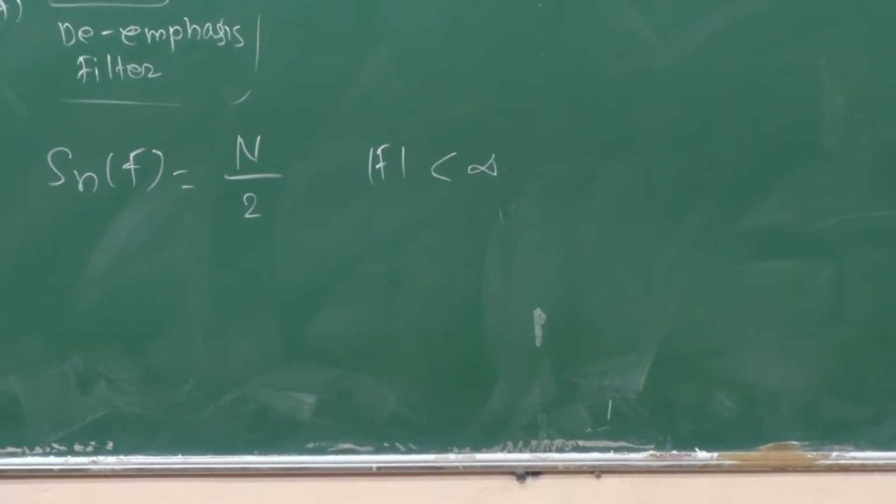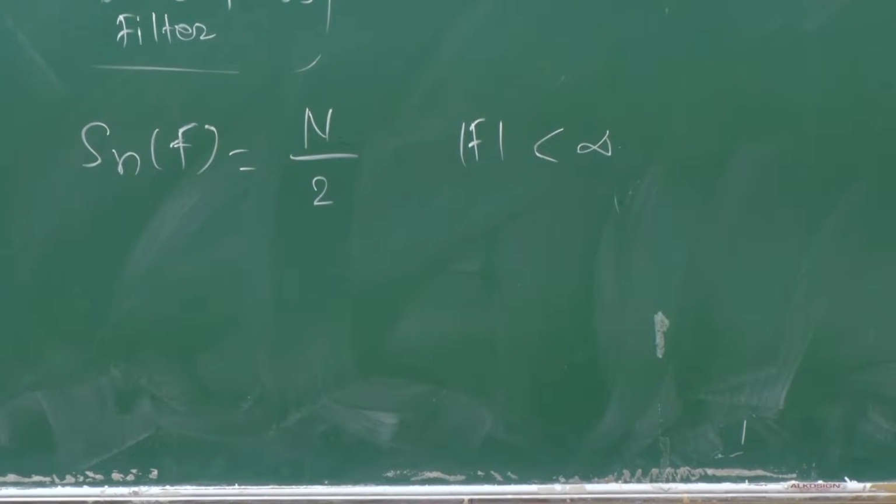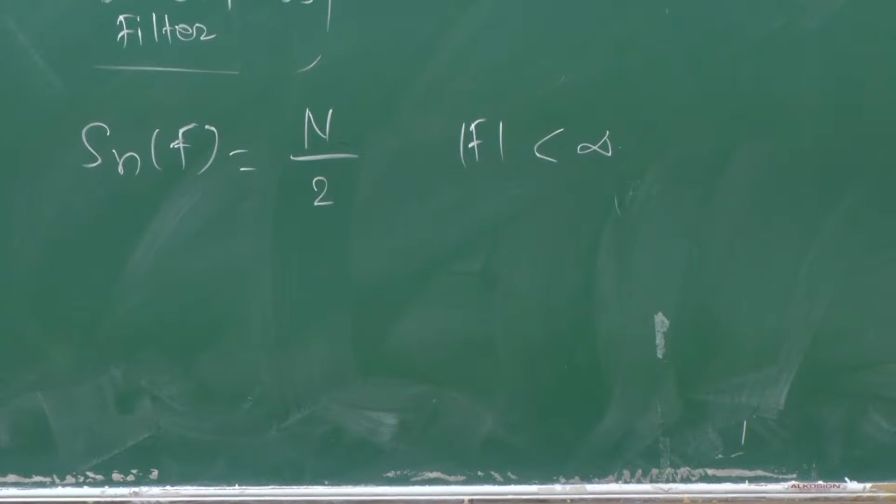As this noise is white noise, its power spectral density is capital N by 2 for all frequencies ranging from minus infinity to plus infinity.